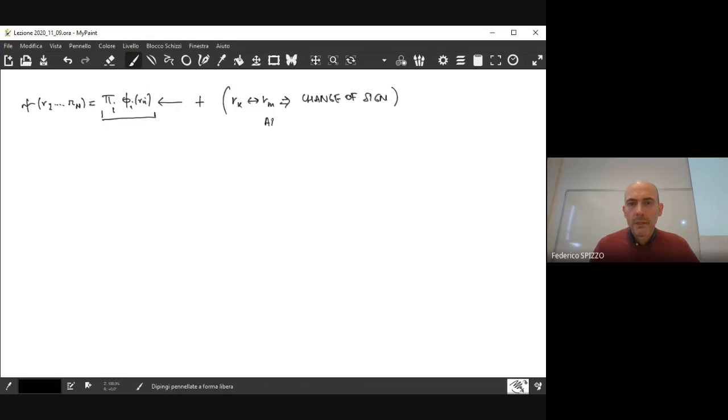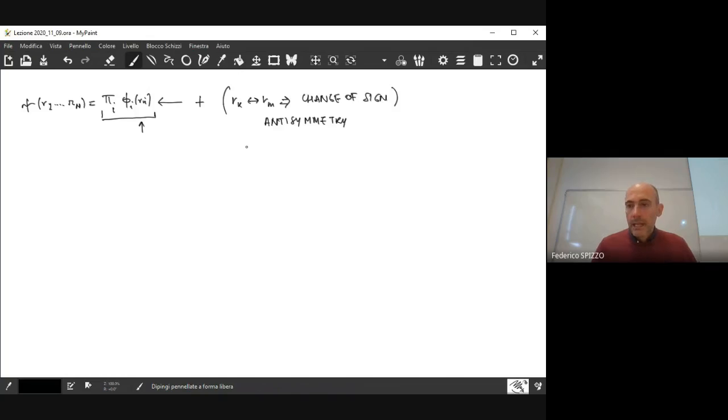So what they tried to do was to combine this peculiar property with the fact that the actual electronic wave function needs to be antisymmetric with respect to the exchange of two particles.